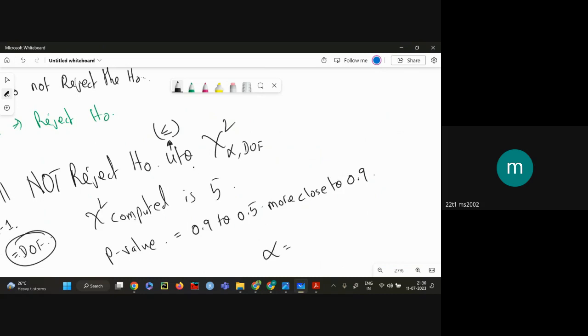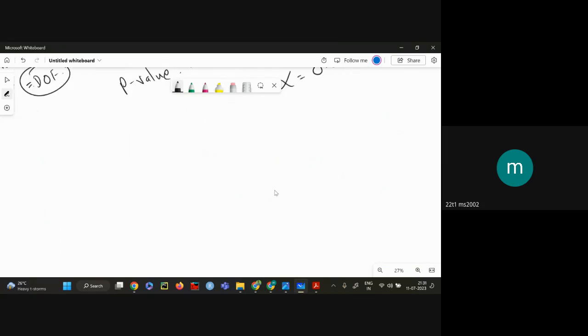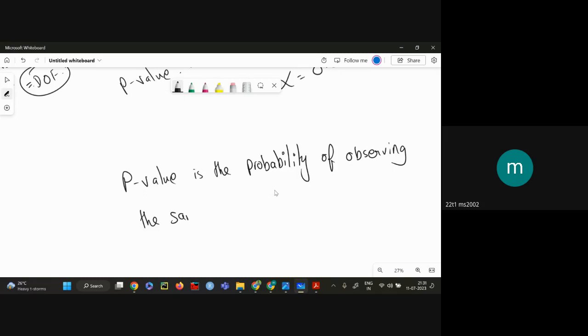Now what is your alpha? Your alpha is 0.05. I am giving a 5% chance for you to reject H0. Always remember, the p-value is the probability of observing the sample given H0 is true.